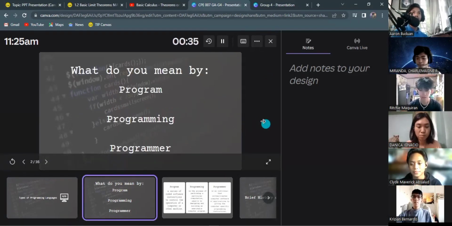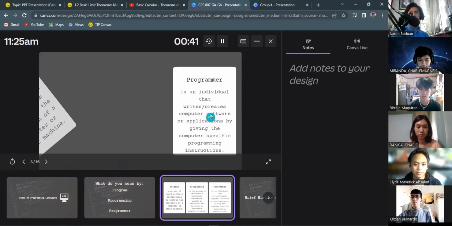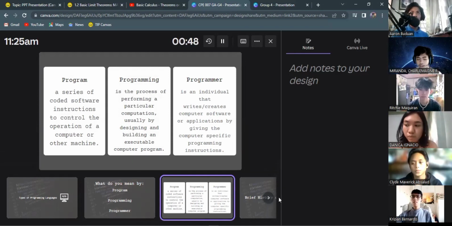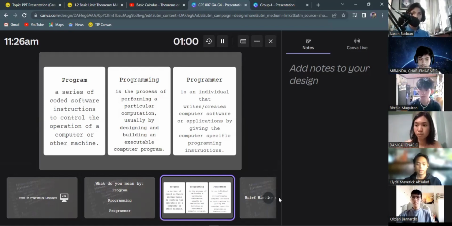What do you mean by programming, and programmer? Program. It is a series of coded software instructions to control the operation of a computer or other machine. Common examples of programs are web browsers, system utilities, word processors, and etc. Programming.